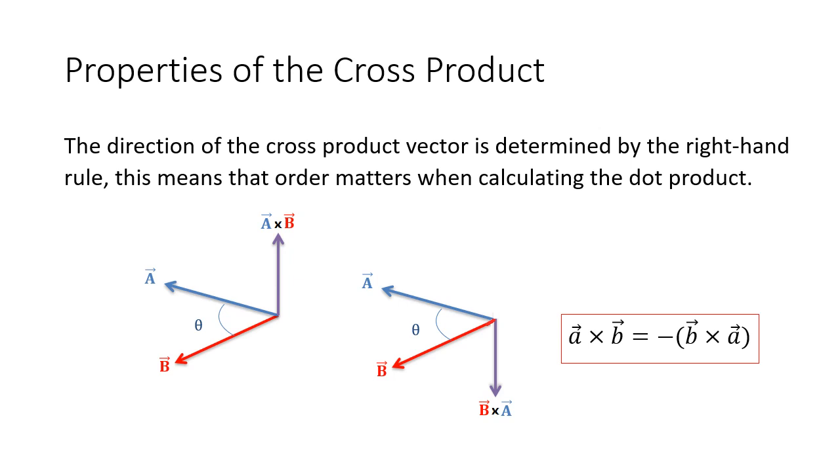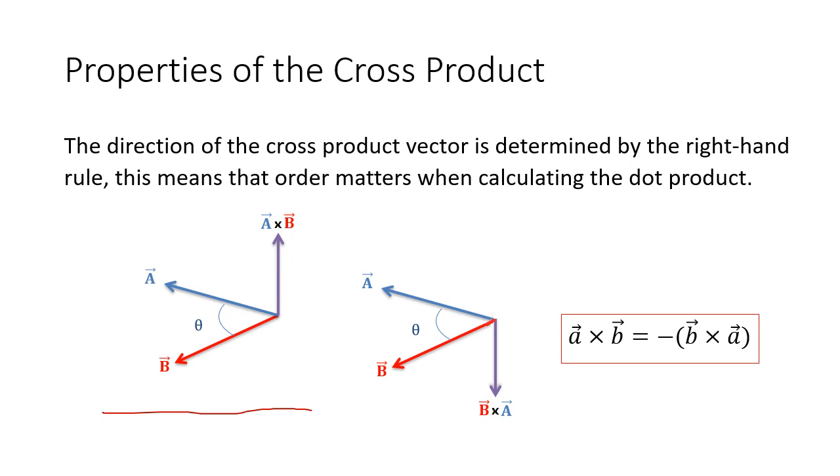So let's talk a little bit more about some of these properties. We mentioned that right-hand rule. What happens if I switch the order in which I'm evaluating the cross product? Notice that the cross product is going to face in the opposite direction. Hold up your right hand and look at that first example with A cross B. A is your index finger, B is your middle finger curling in, and your thumb sticking straight up is your cross product.